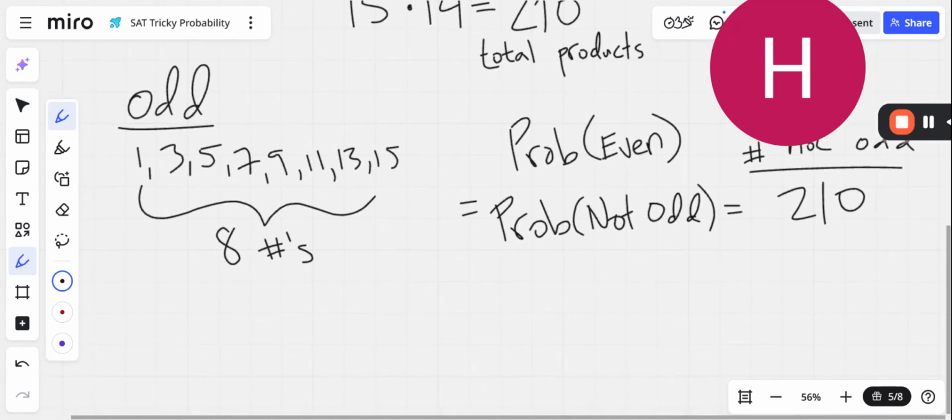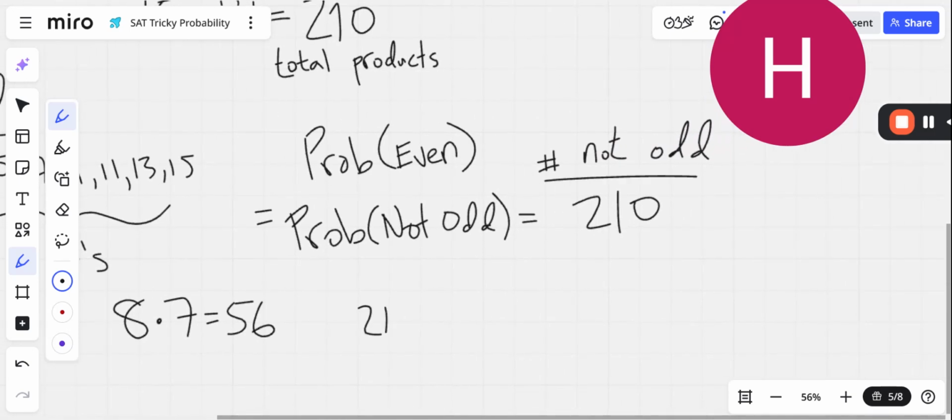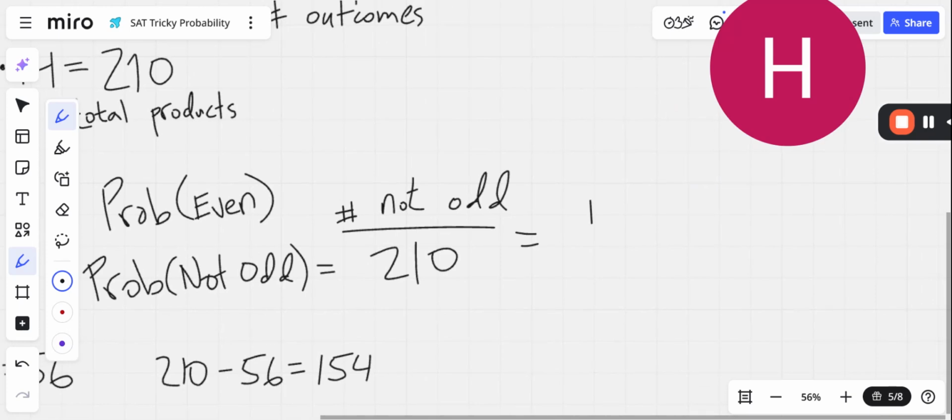And so the total possible number of odd times odd products is going to be 8 times 7, or 56. If we don't want them to be odd, that means we want the remaining from 210. That's going to be 154. So we're going to have 154 products which are even because they're not odd, over 210.